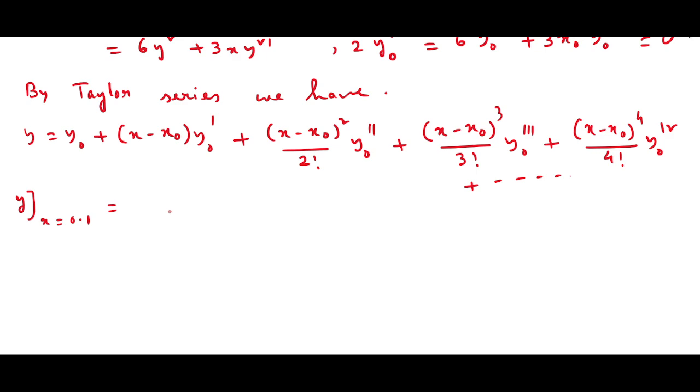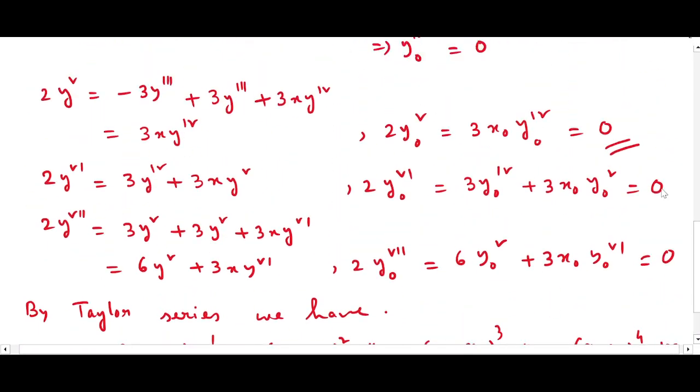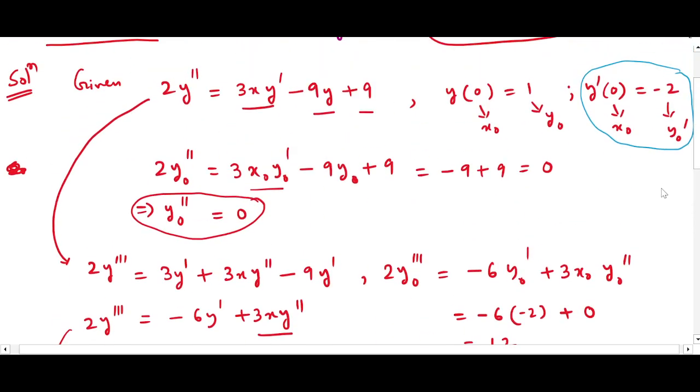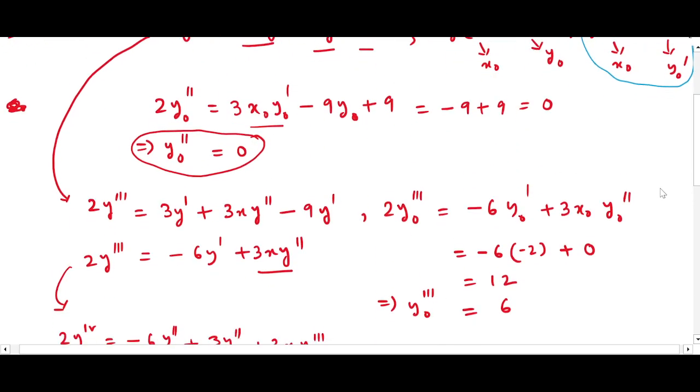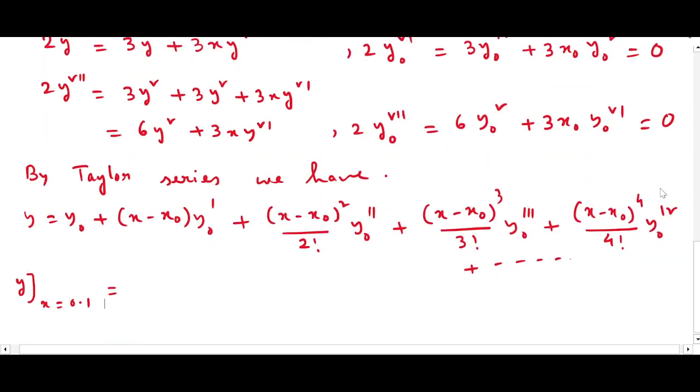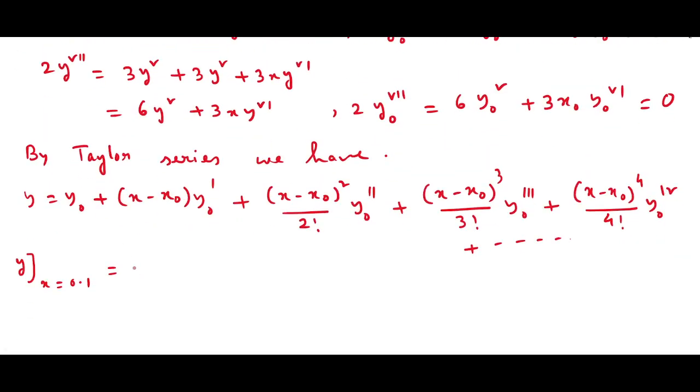Y naught is 1, and y naught dash is minus 2. So let us put them here. First term, y naught is 1. Then plus x, our x is 0.1, x naught is 0, and y naught dash is how much? Minus 2. These things are already given in the question.